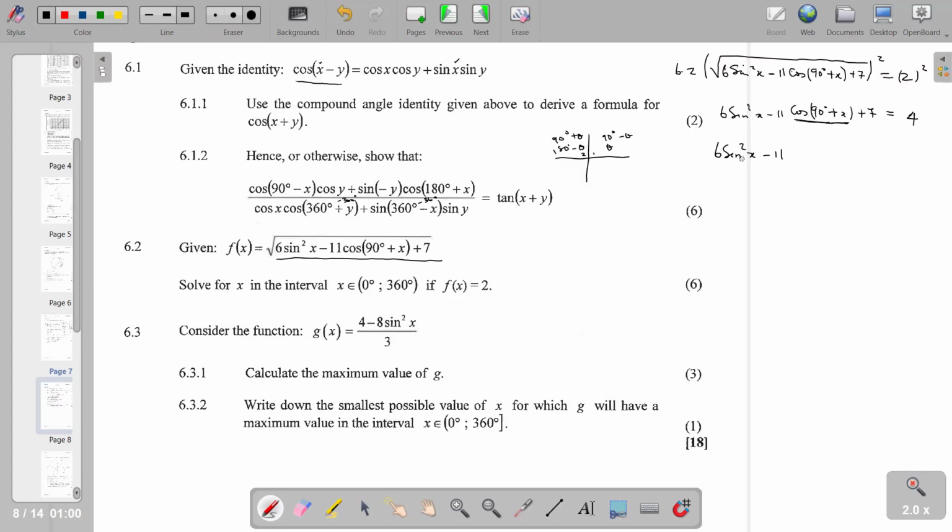Here we are having 90 plus. It's in the second quadrant. What is the sign of cos in the second quadrant? It's negative. Will our ratio change or not? Because our angle is 90, it's a co-ratio, so it is going to change to sine x. Then plus 7, take this to this side, minus 4 equal to 0. So our equation is going to be 6 sine squared x plus 11 sine x plus 3.